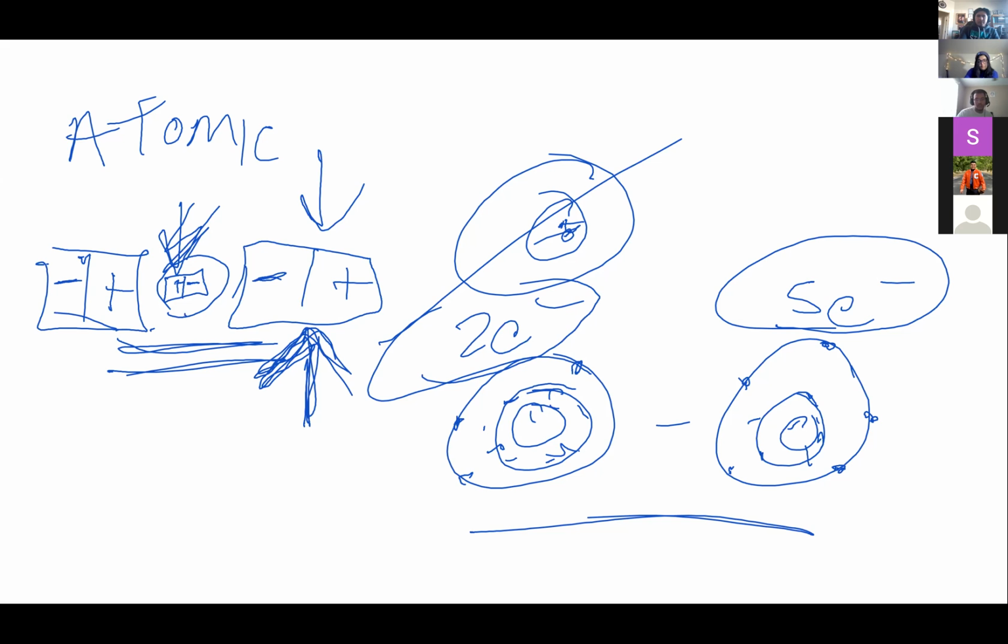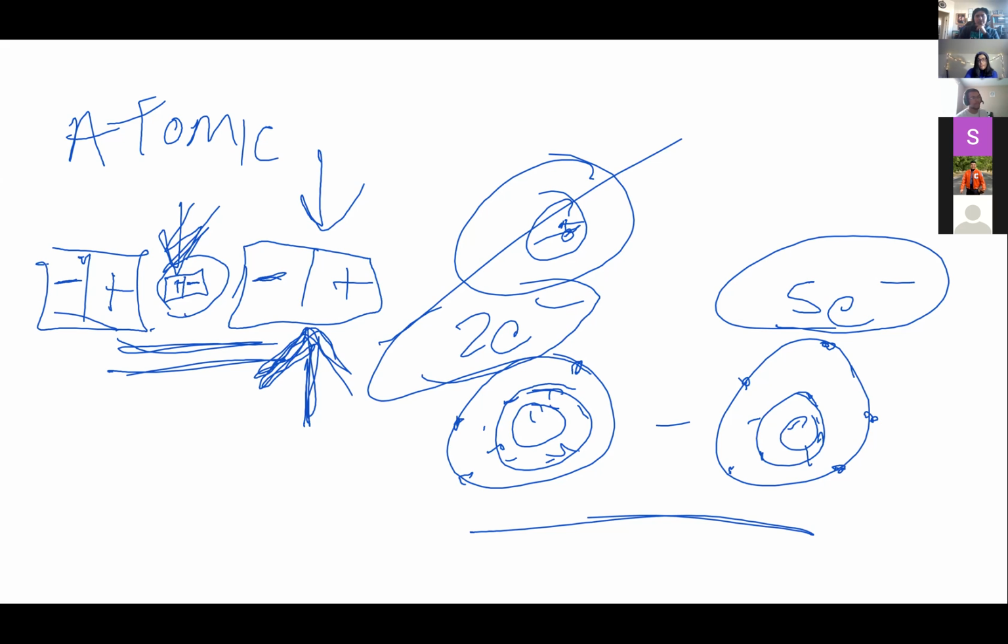For energy levels? Yeah, for the atomic radius, if there are more energy levels, will it get smaller or bigger? I believe it should be smaller. Okay, remember energy levels means shells.